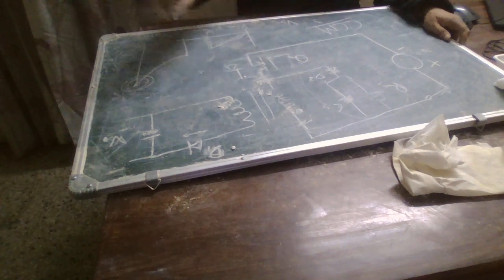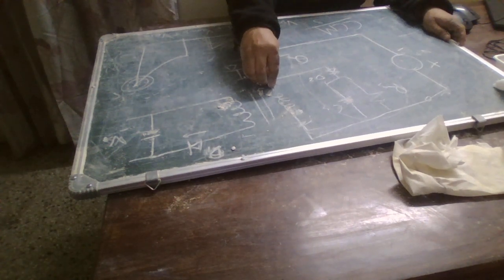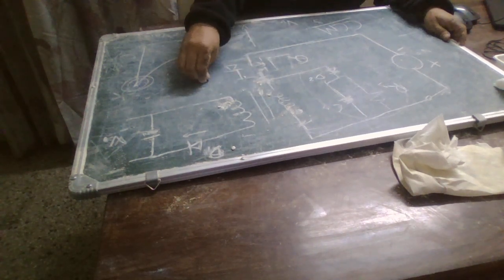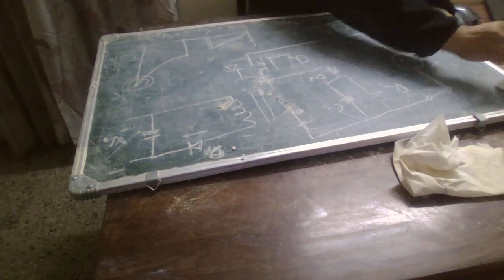So for now the operation is completed. I will now derive this flyback converter from the buck-boost topology, incorporating a transformer, and then go on to the continuous and the discontinuous mode.